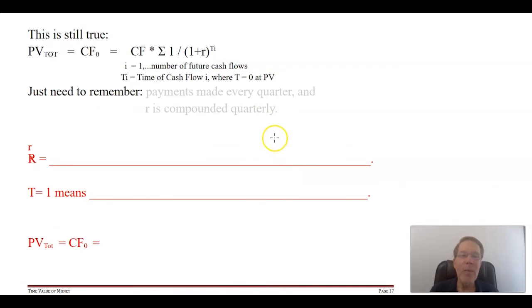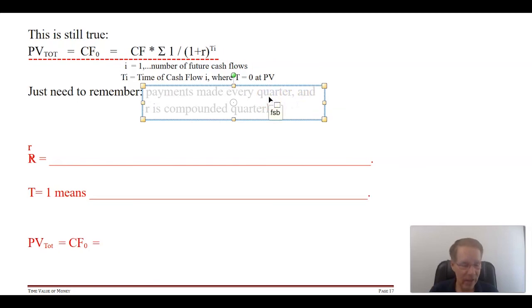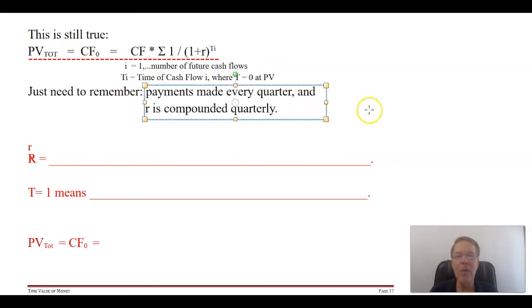Now remember, with different compounding periods and different native interest rates, all of our time value equations are still true. We just have to be careful to change our units. So our fundamental discounting equation is exactly as it's always been, no changes to that.